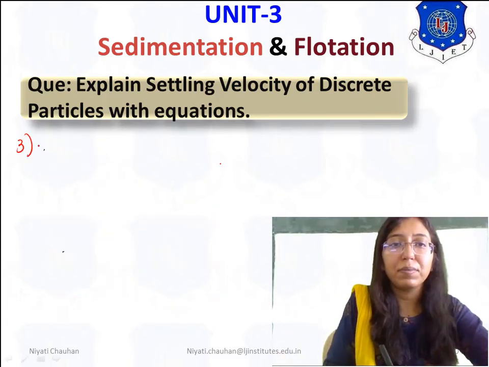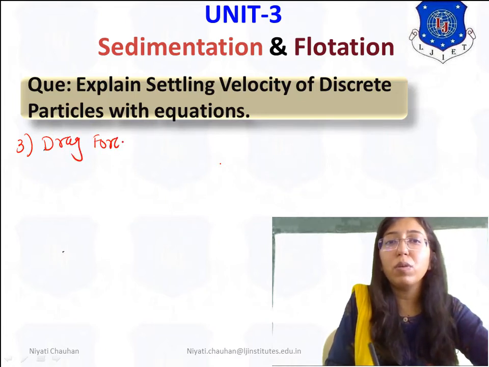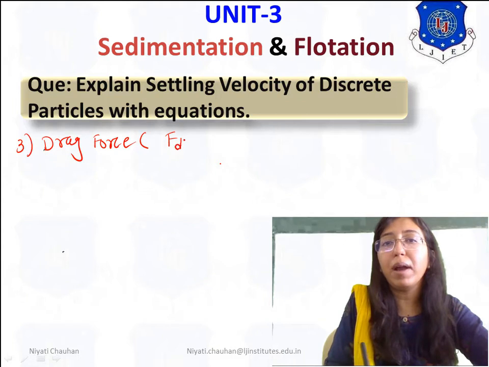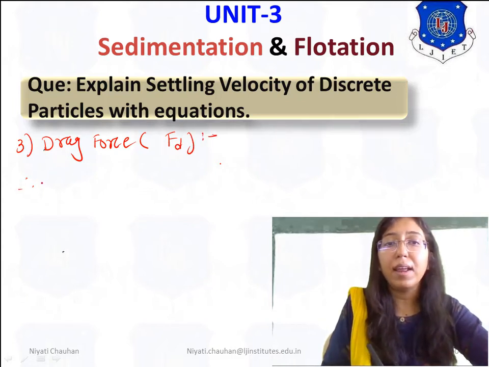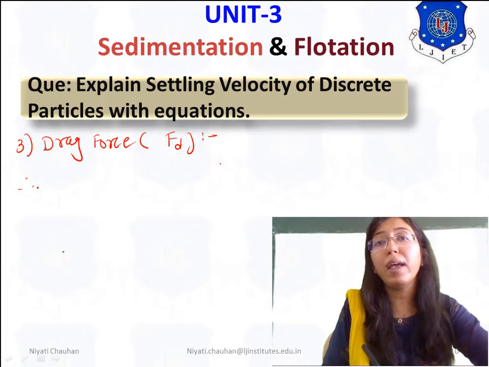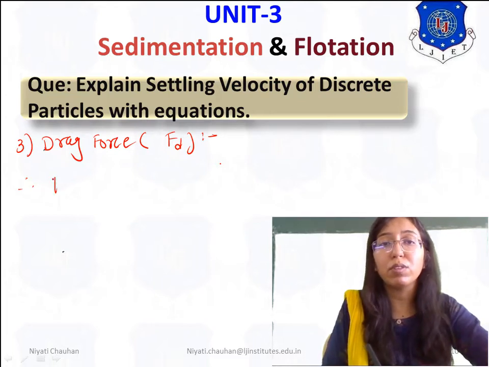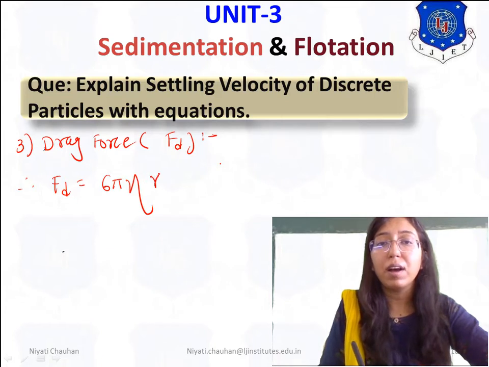Next force is drag force, denoted by Fd. Drag force is sometimes known as viscous force. We know the equation of viscous force, that is 6 pi eta r v.